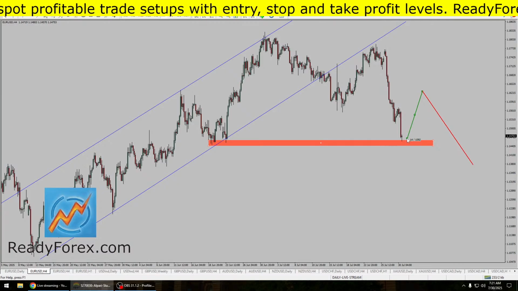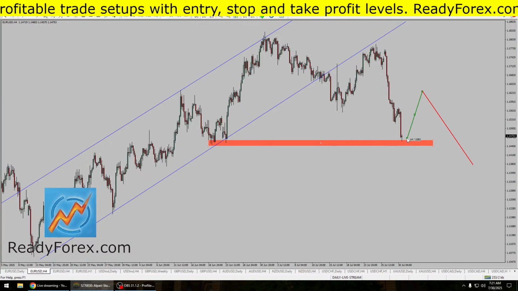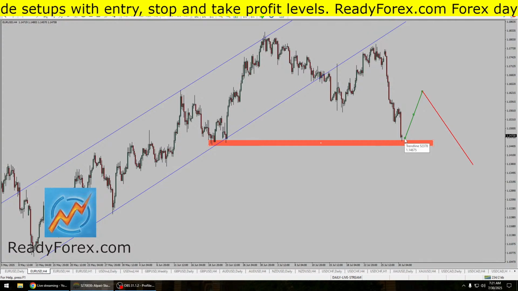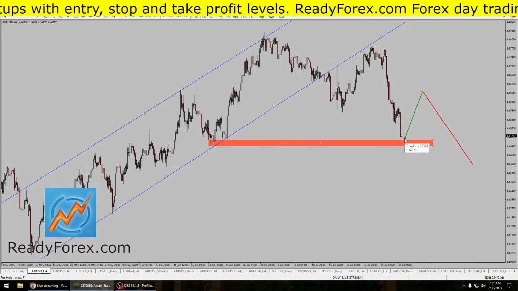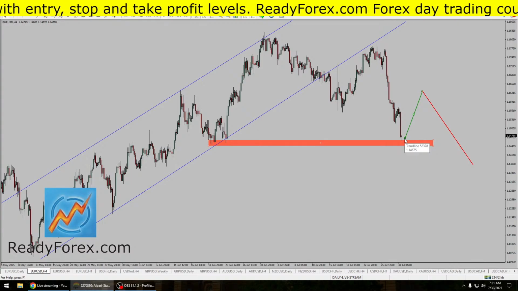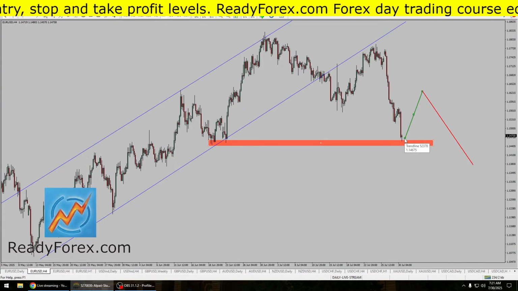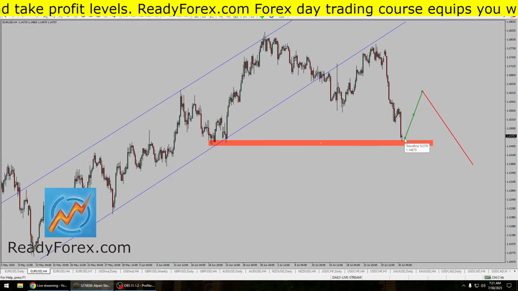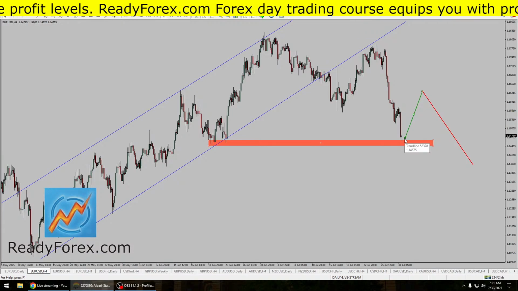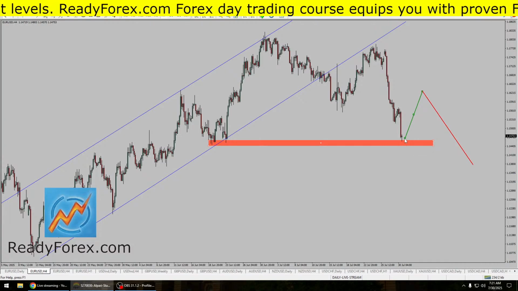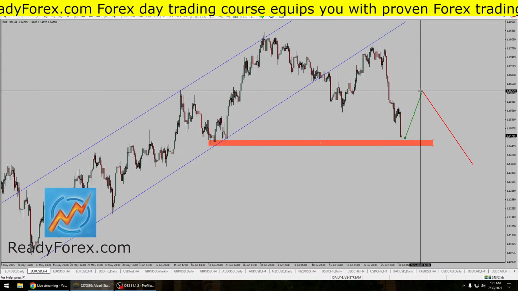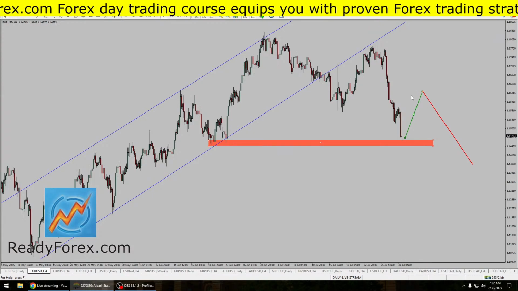Now if someone wants to do aggressive trading, then you could look for potential trades. But for the time being, I would prefer not to look for a buy trade at this point in time, but I would prefer to look for a sell setup.